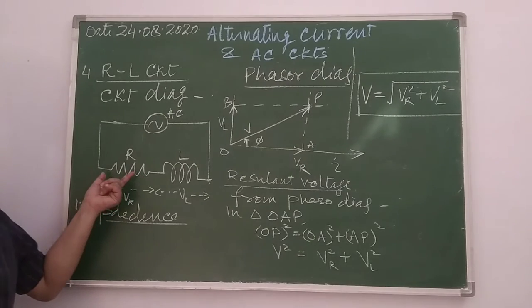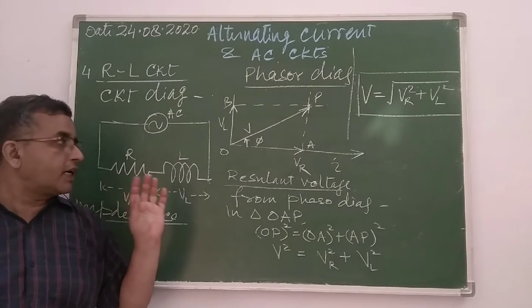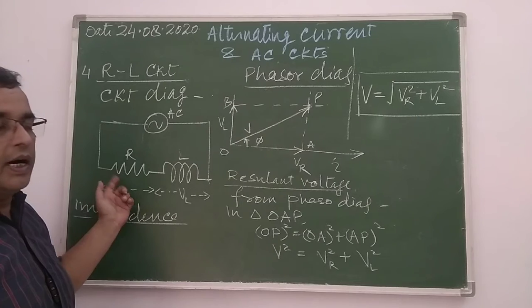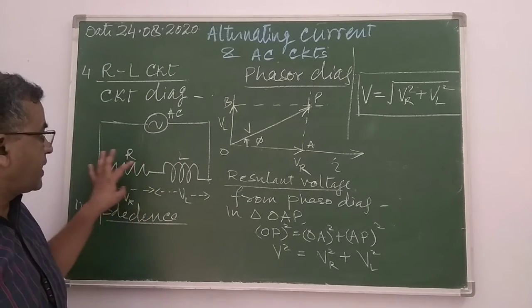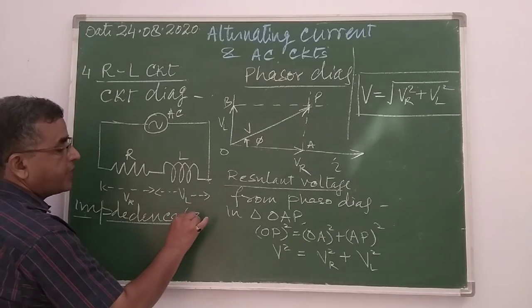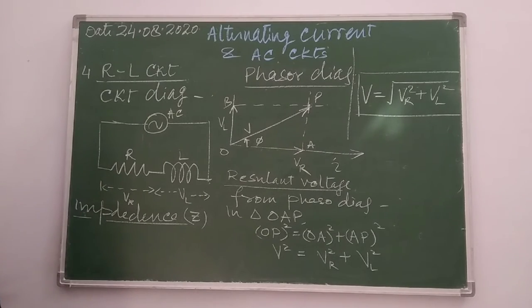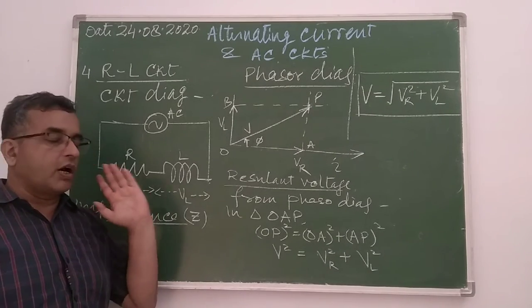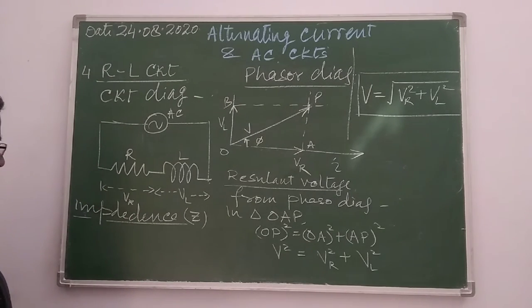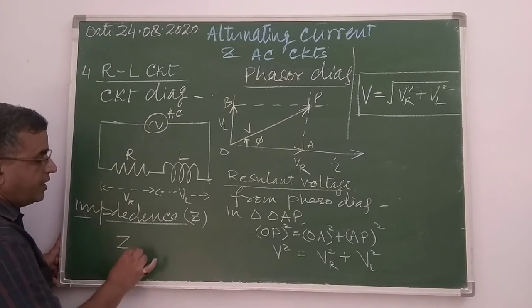Apart from resistance, if another electrical component like an inductor or capacitor is connected with the resistance, the resistance offered is called impedance. It is generally represented by Z and measured in ohm. So impedance means the resistance or opposition offered by this AC circuit to the flow of alternating current. So this is impedance Z.